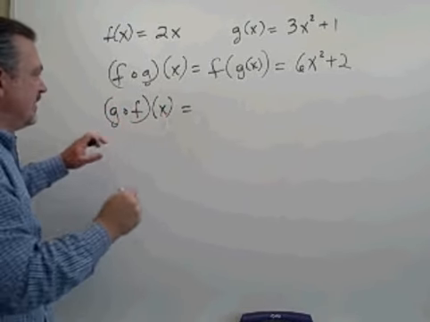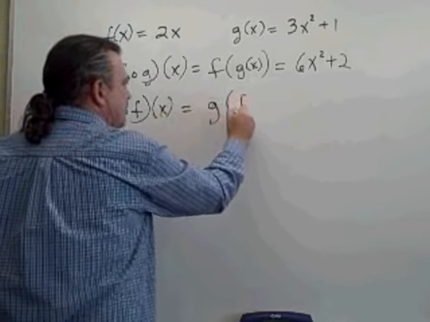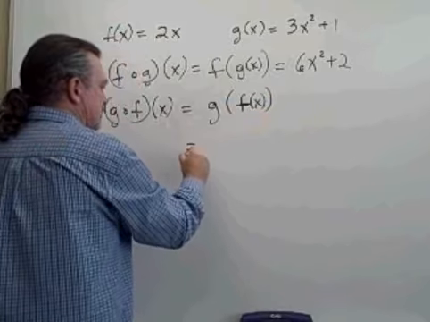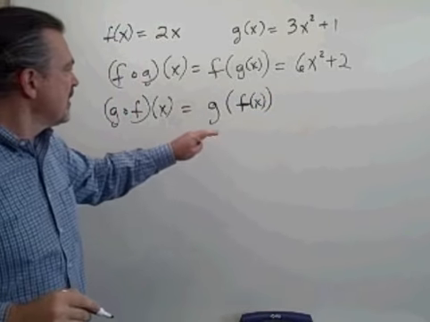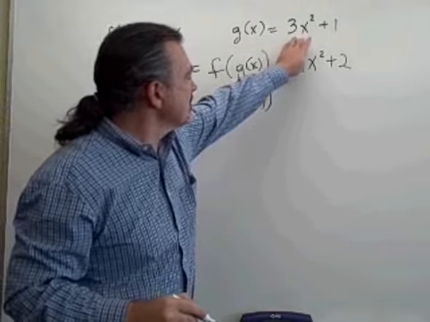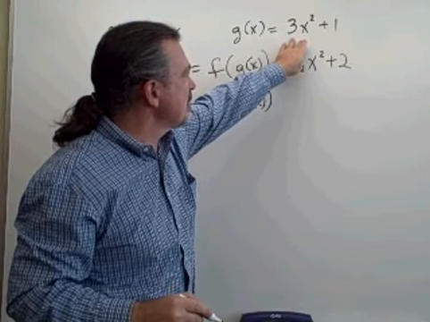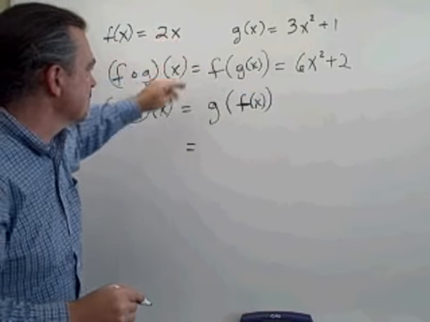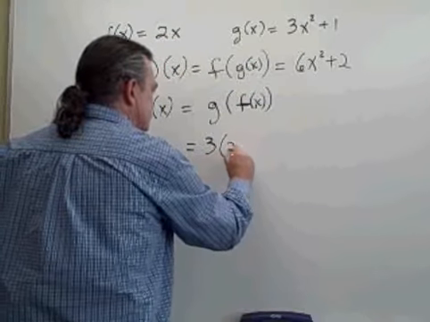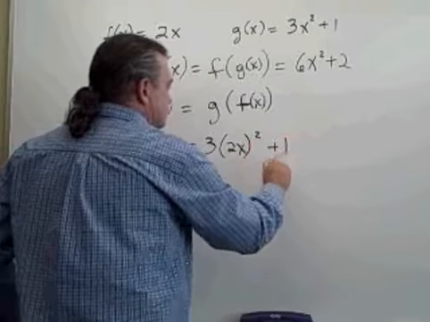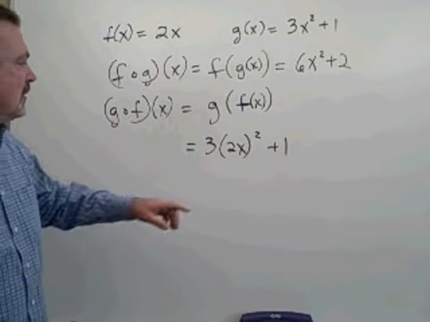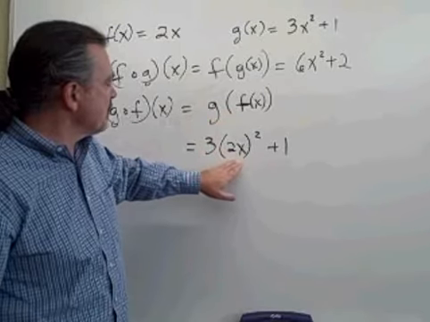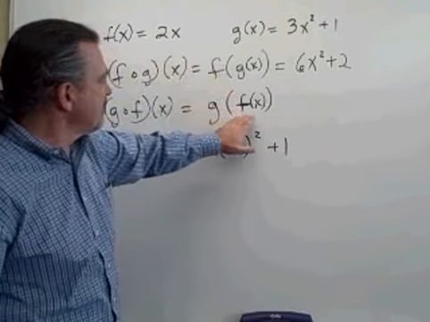So now, it's g that will be evaluated at the expression for f of x. So in this case, wherever I have an x in g of x's expression, I'm going to replace it with whatever f of x is defined as, which is 2x. So wherever there was an x here in g of x, I replaced it with the entire expression for f of x.